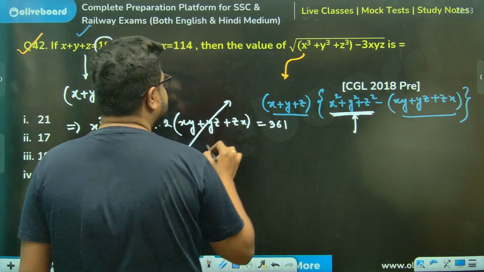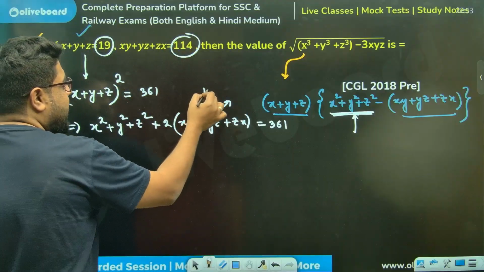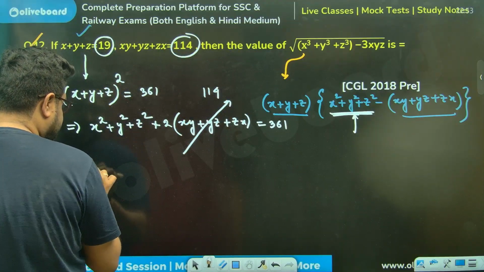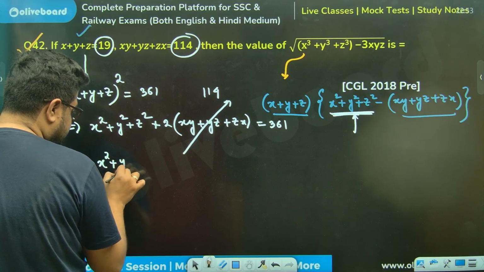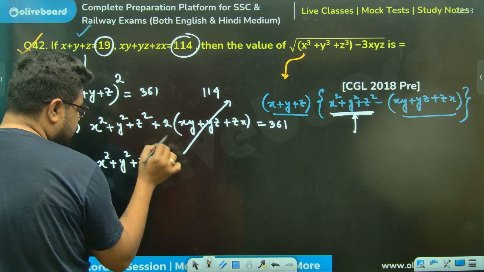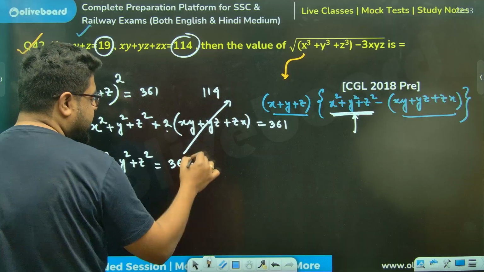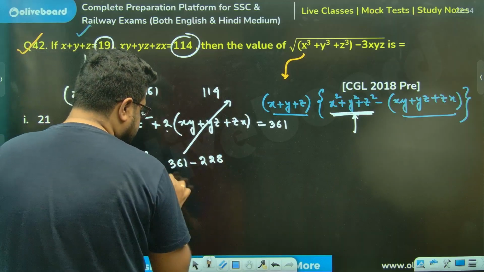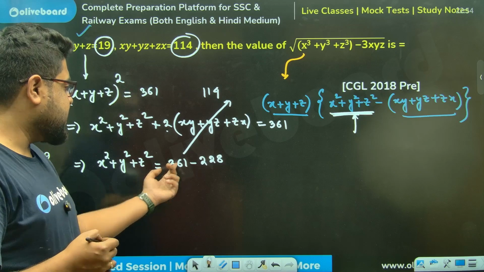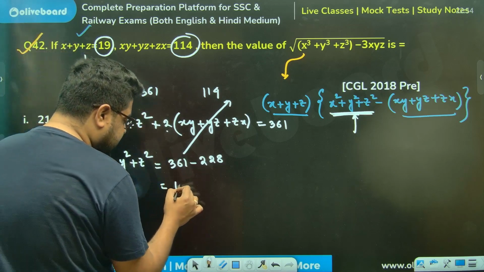So this value is known to you. This is given to you as 114. So can I simply say x square plus y square plus z square will be 361 minus 114 into 2, that is 228. So 361 minus 228, this is 133 will be this.